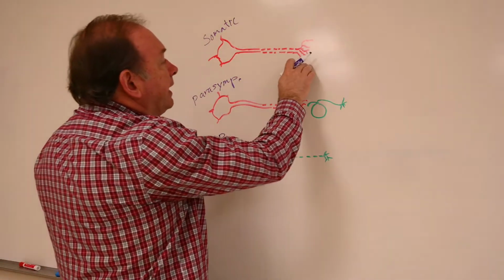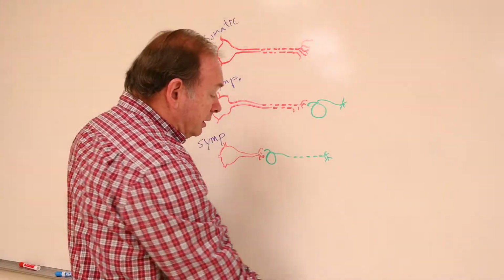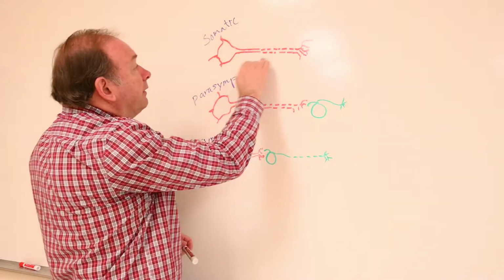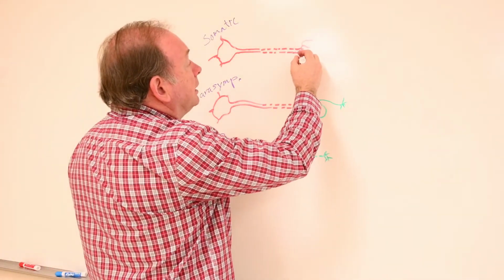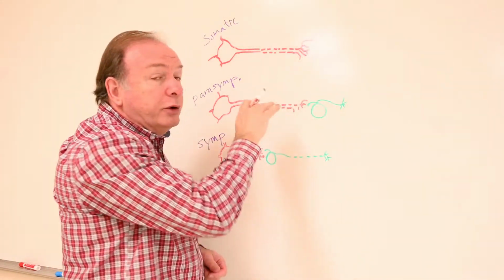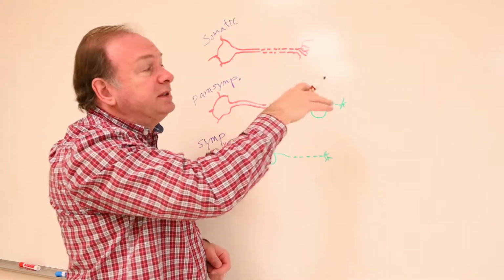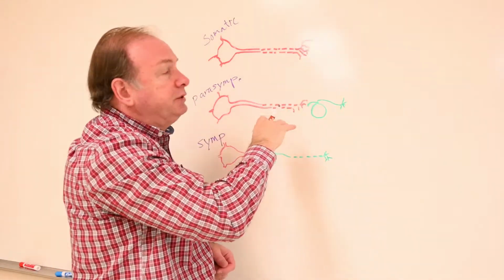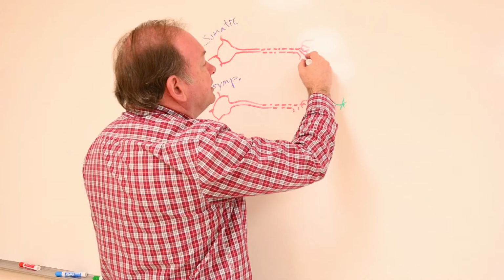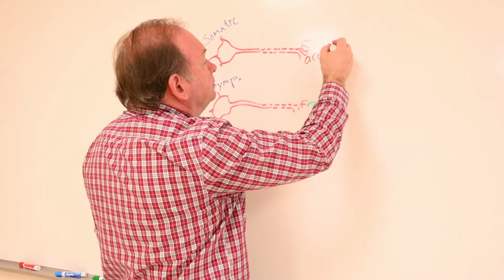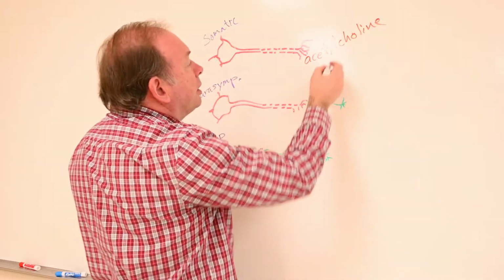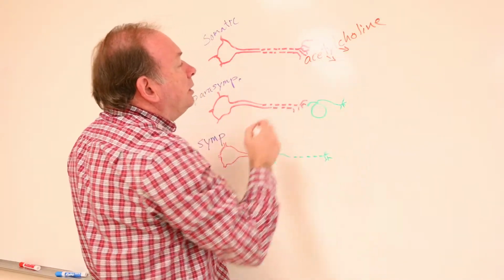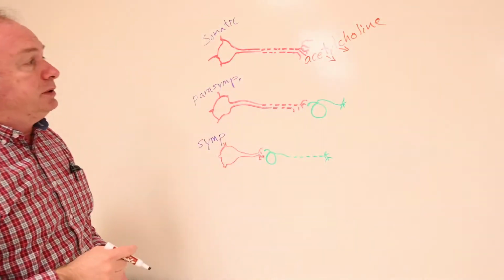And at the effector, in all of our somatic branch connections out here, the neurotransmitter, the chemical that is released to stimulate the skeletal muscle in this case, is acetylcholine. So acetylcholine is the chemical that's going to affect the skeletal muscle out there.